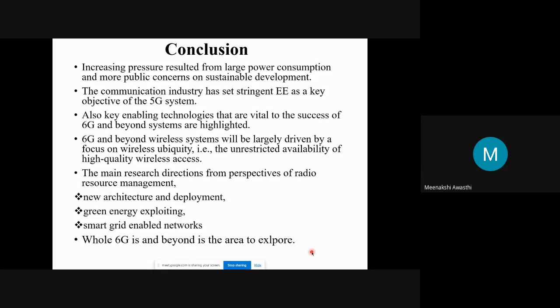Also, key enabling technologies that are vital to the success of 6G and beyond systems are highlighted. 6G and beyond wireless systems will be largely driven by a focus on wireless ubiquity, that is, the unrestricted availability of high quality wireless access.